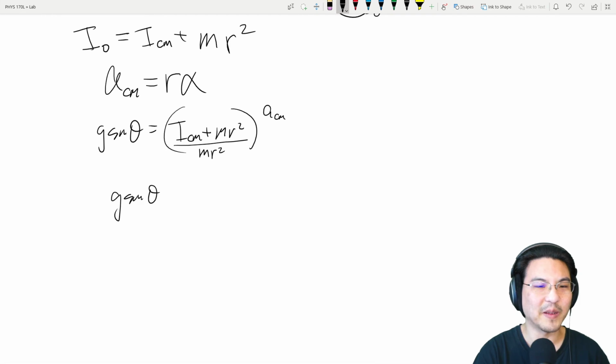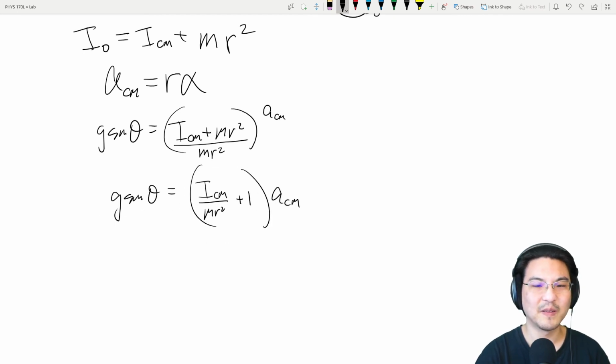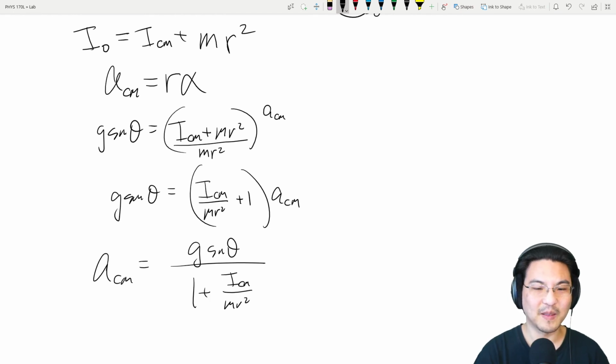Okay, and then here, let me just rewrite it. And then this can go in the denominator. And then again, the moment of inertia is some kind of coefficient times mr squared, right? So I replace that with whatever coefficient times mr squared, and then you see how this cancels.